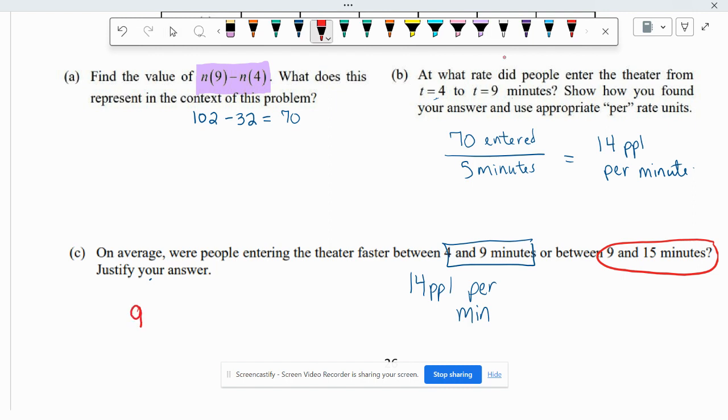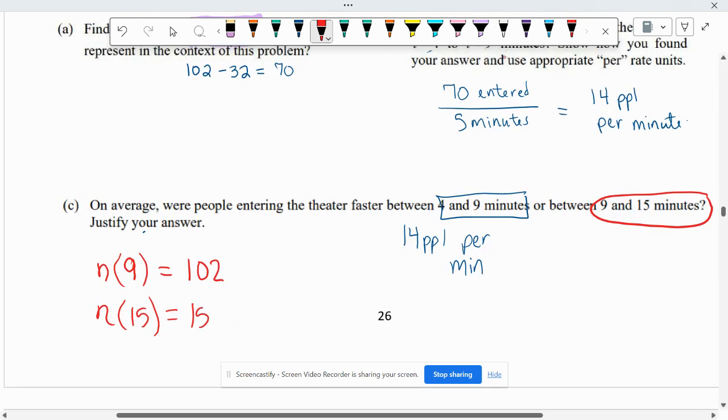So when I let n of 9, remember, what is that value? 102. N of 15, what's that value? 150. And we subtract those.